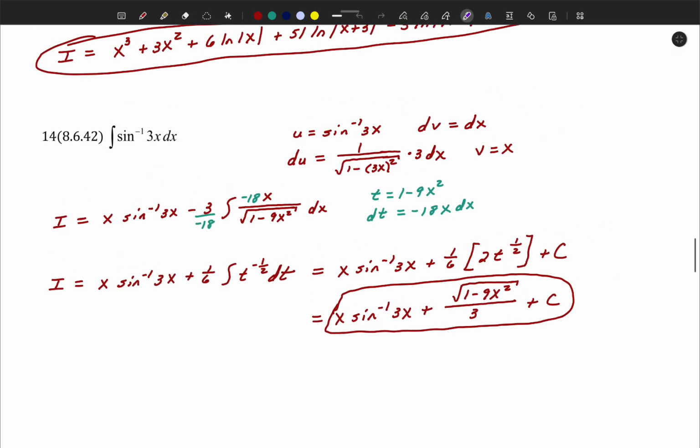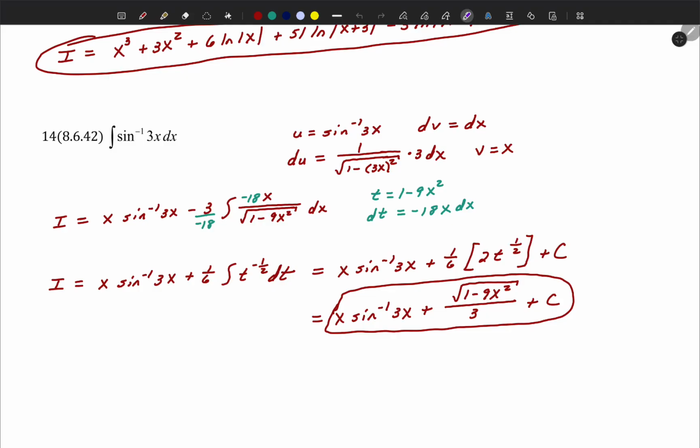In your integration by parts, the mnemonic that we use to know what to let u equal is LIATE. The second letter in LIATE is I, which stands for inverse trig functions. The only thing that would be more obvious that it's an integration by parts is if you had a logarithm in there. We don't have that, but we do have the inverse trig.